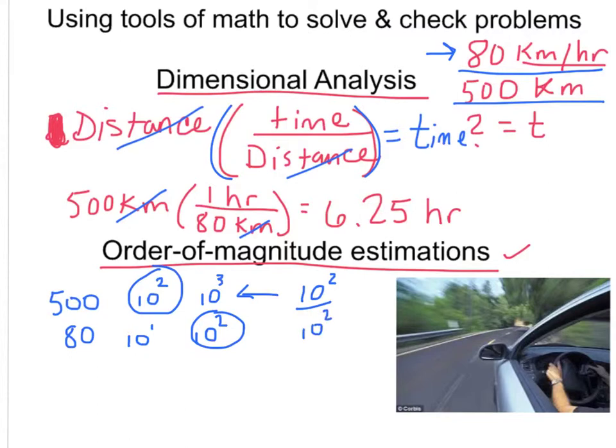If we take 10 squared divided by 10 squared, we just get 10. Well, is 10 pretty much in the range of our answer, 6.25? Yes, it is. It's about that order of magnitude. 6 is actually closer to 10 than it is to 1. So that is the correct order of magnitude, and order of magnitude estimations are useful in checking your work.